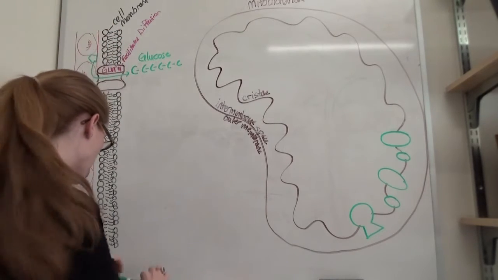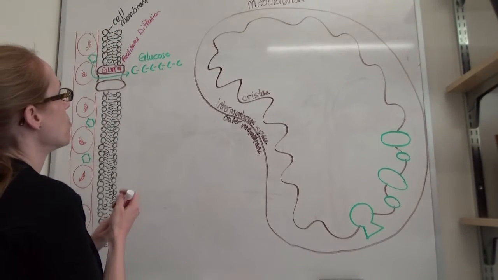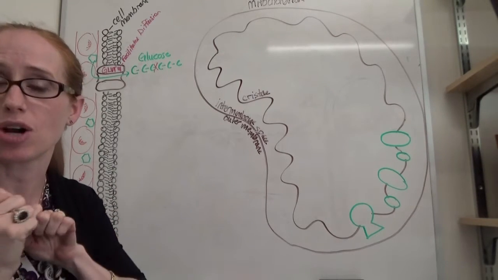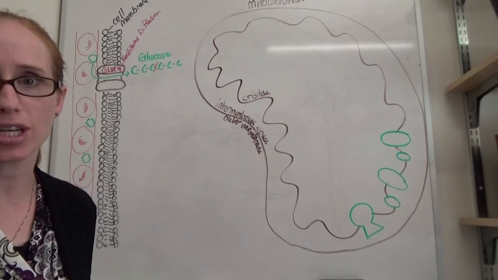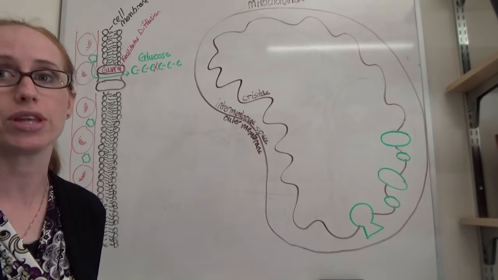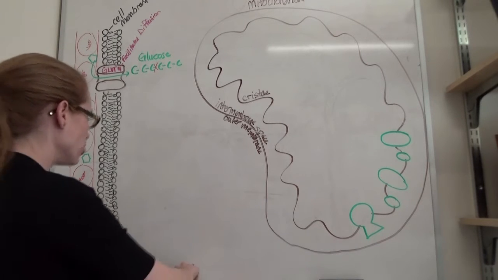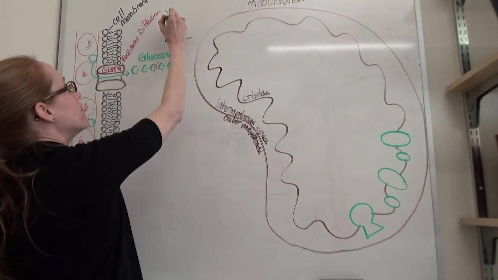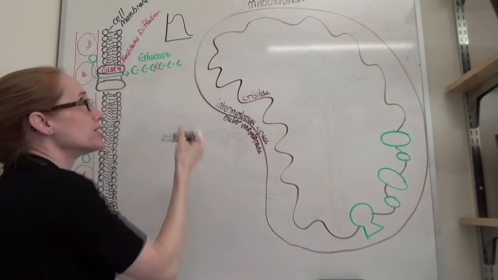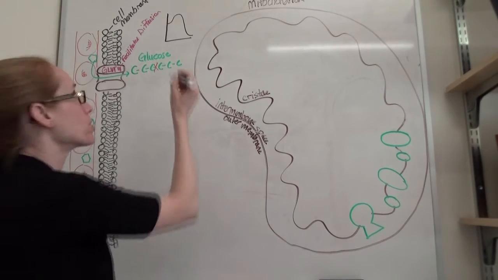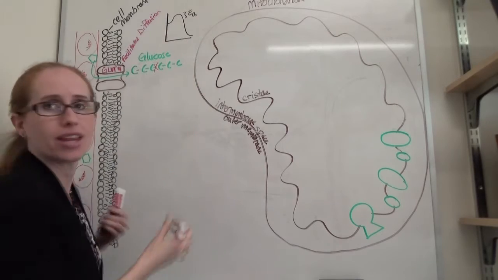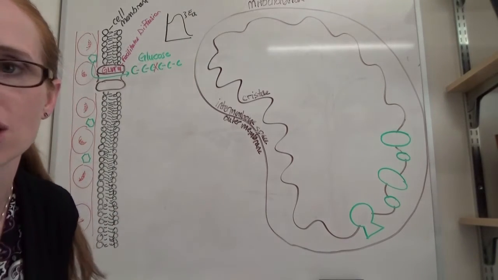Okay, so we're going to start by breaking that very first bond right here. But it turns out to break that bond, we need a little bit of energy to get it started. And if you remember, that's called the energy of activation. And when we drew our energy graphs, so this is our energy graph, breaking sugar is an exergonic reaction, but it requires just a tiny bit of energy to get it started. And that was that energy of activation that we talked about.